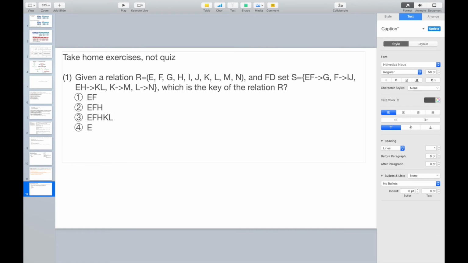And you can do this exercise by yourself and get your answer. We will not be able to do this together because the time is limited. Besides this, we have another exercise question.